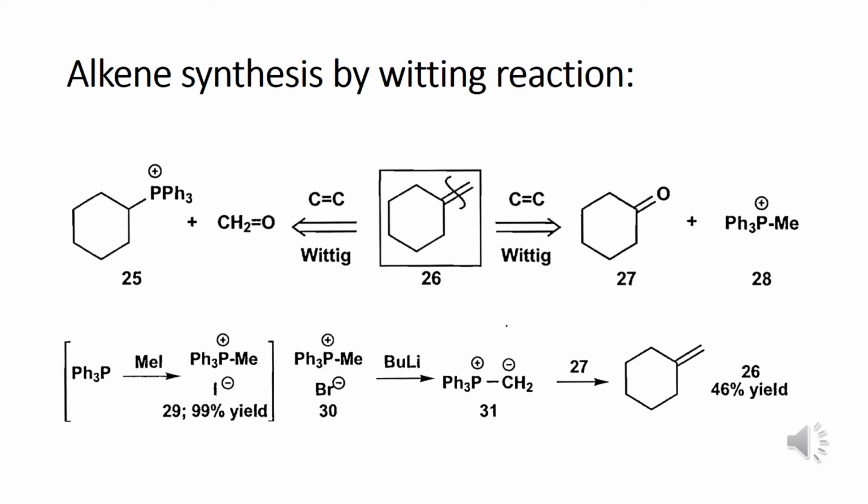We could use formaldehyde or cyclohexanone as the carbonyl component with either phosphonium salt, that is structure 25, or structure 28. It is a matter of personal choice whether you draw the ylide, the phosphonium salt, or the alkyl halide at this stage.